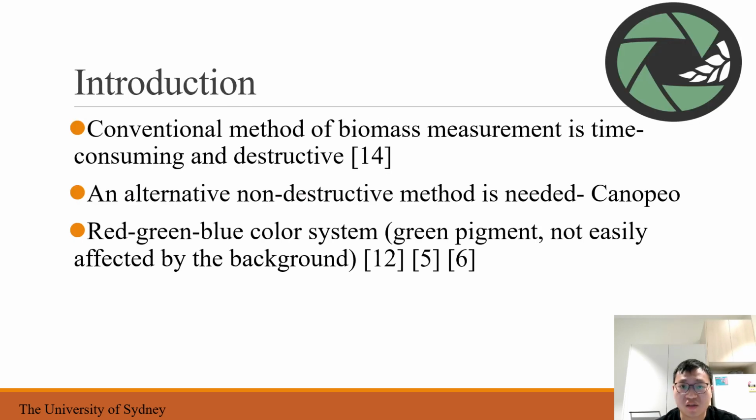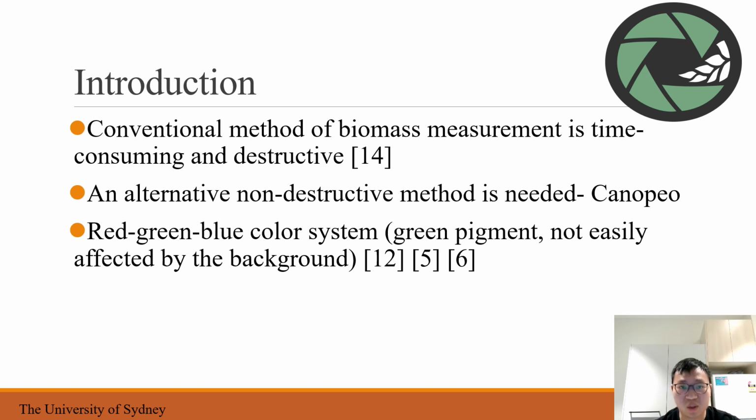Another thing is that the conventional method of biomass measurement is time-consuming and destructive. For more details, the conventional method involves cutting whole plants from a portion of a plot and drying it up to weigh. Therefore, an alternative non-destructive method is needed to save both time and cost.